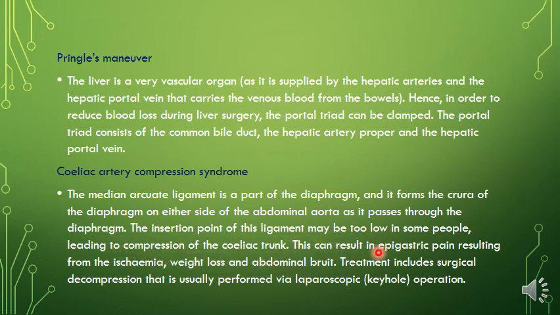This can result in epigastric pain resulting from ischemia, weight loss, and abdominal bruit. Treatment includes surgical decompression that is usually performed via laparoscopic operation. So these are certain clinical aspects related to the celiac trunk.